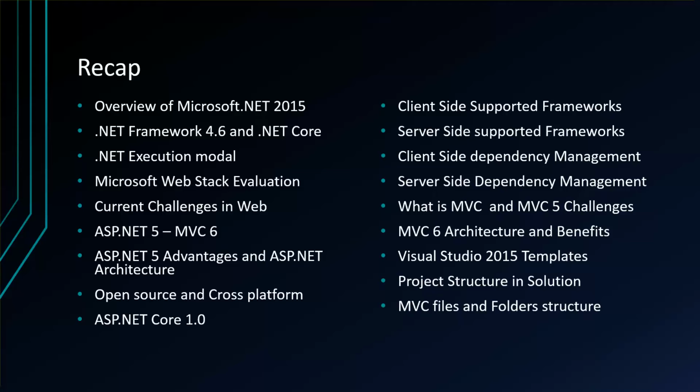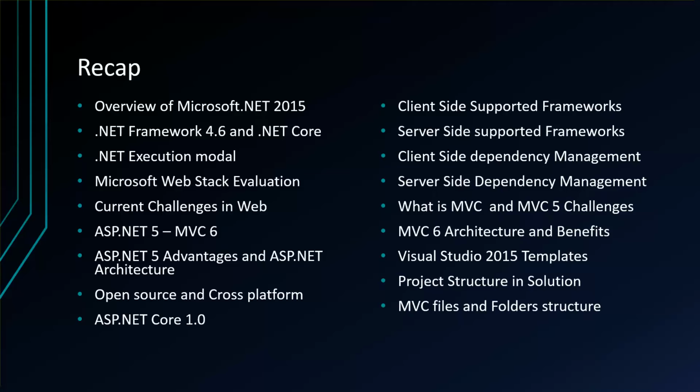Once we write the code, how the dynamic compiler Roslyn comes into the picture and how it compiles our .NET code for different targeted platforms. And we have also seen the Microsoft web stack evolution from 1996 till today, how the web has evolved in the Microsoft world.